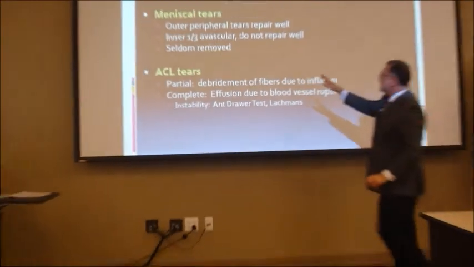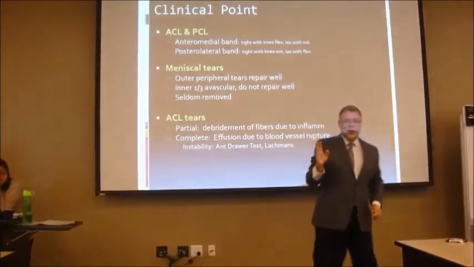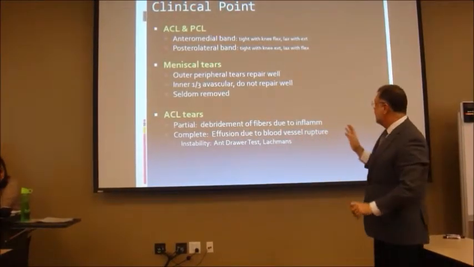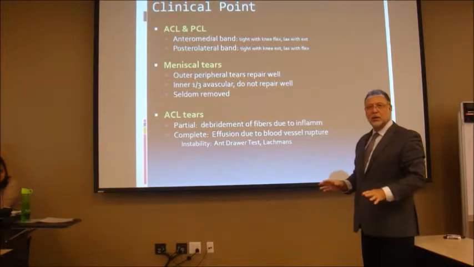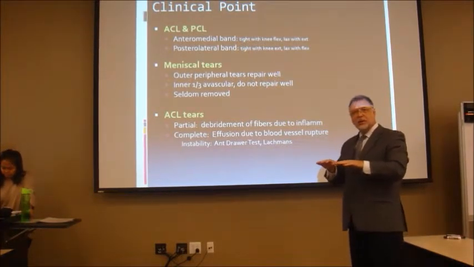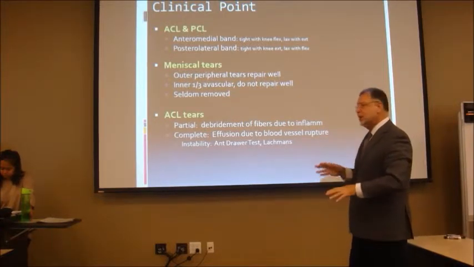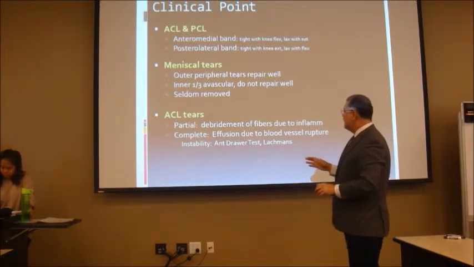So the other thing important for you to read and remember and know is that meniscus are not removed anymore. It was a practice of the past. Now it's either repaired in some way by sutures, or they just remove part of it considering the type of tear they might have.